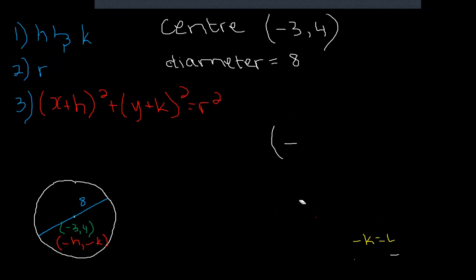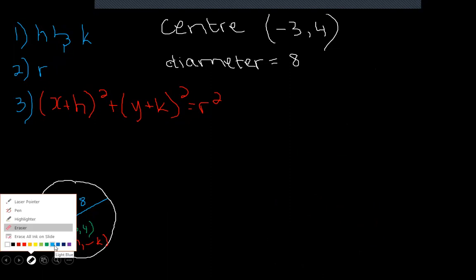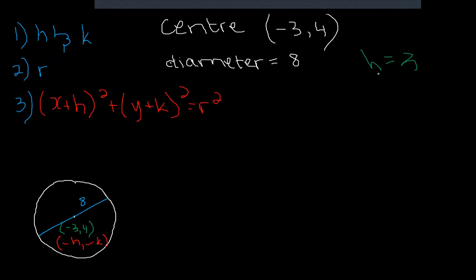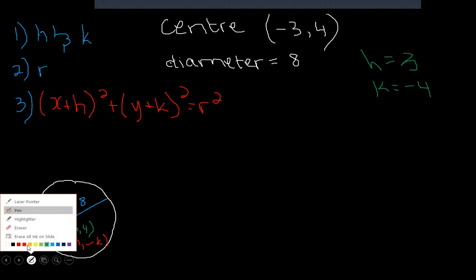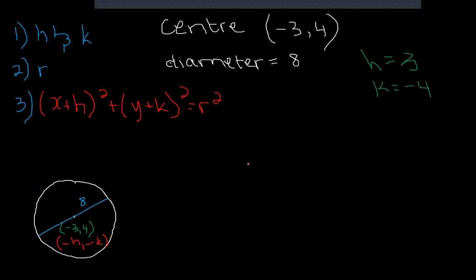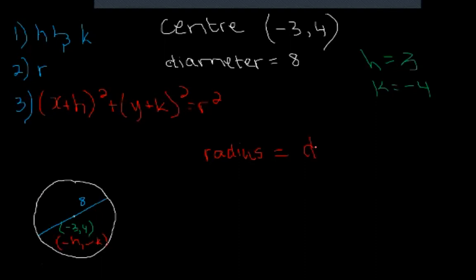Can anybody tell me what they got for the radius? That's the second step, to identify your radius. Radius is 4. Okay, now you just put h is equal to 3 and k is equal to -4. If anybody doesn't know how we got 4, this is why. Radius is equal to diameter divided by 2.